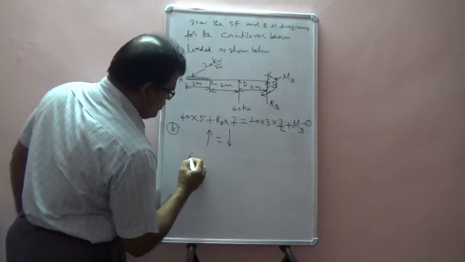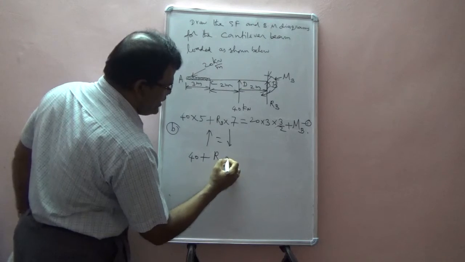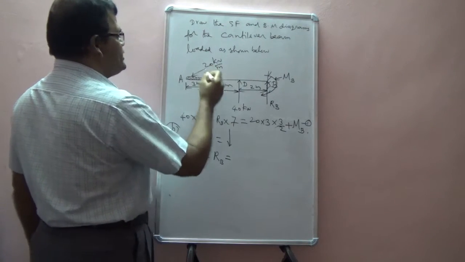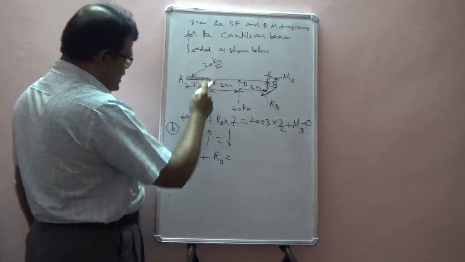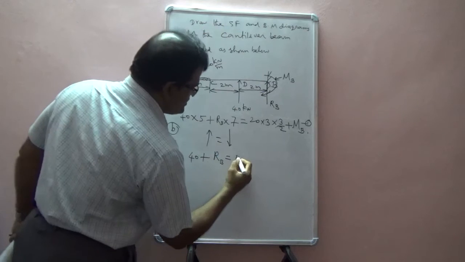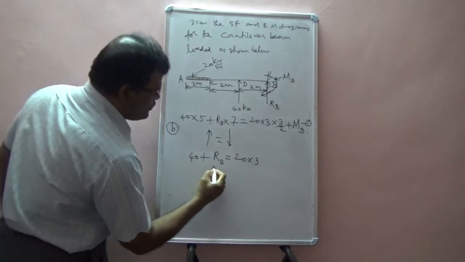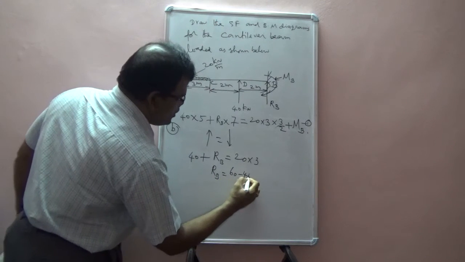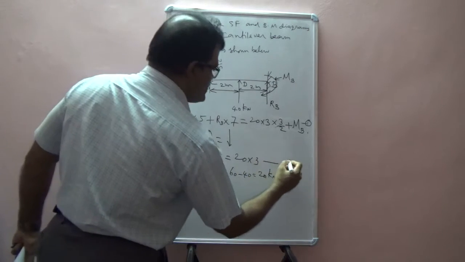Therefore 40 kilonewton plus R suffix B is equal to, there is no other force, only the uniformly distributed load acting vertically downward, so that force is 20 multiplied by 3. Okay, therefore RB is equal to 60 minus 40, equal to 20 kilonewton. So this is equation 2.